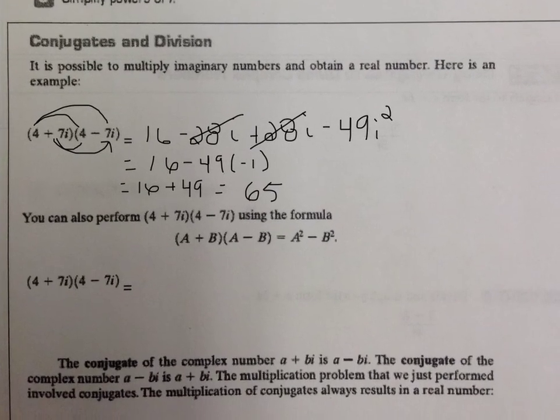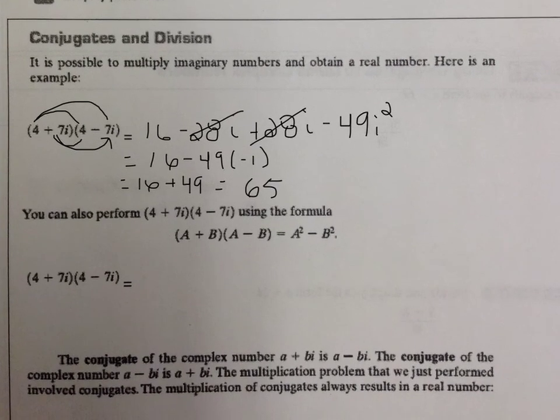Similar to FOILing it out, we had a shortcut for conjugates. It still works. We had the shortcut that says a plus b times a minus b equals a squared minus b squared.